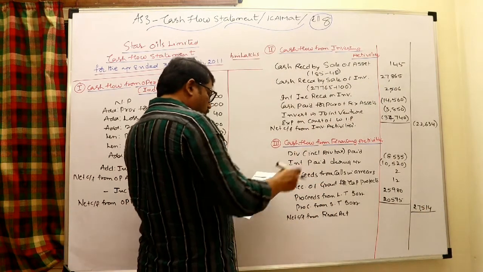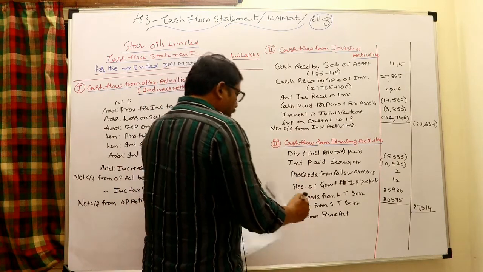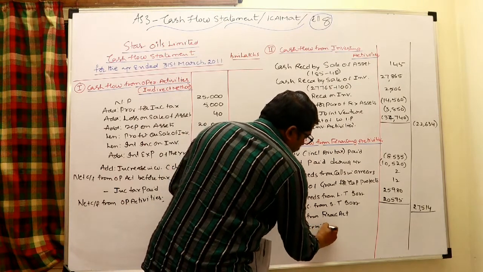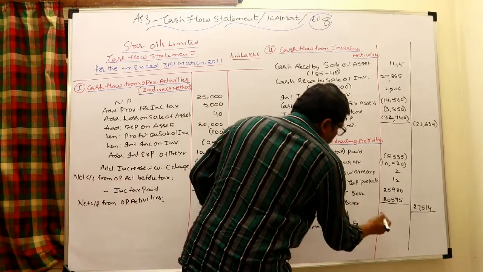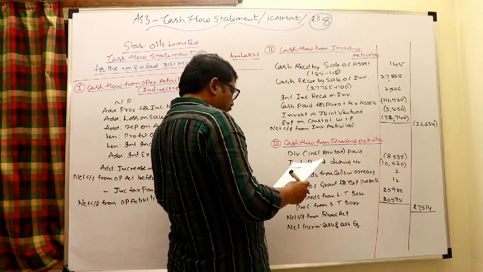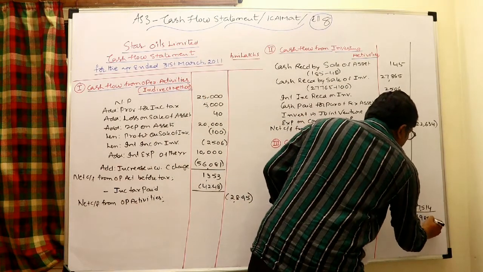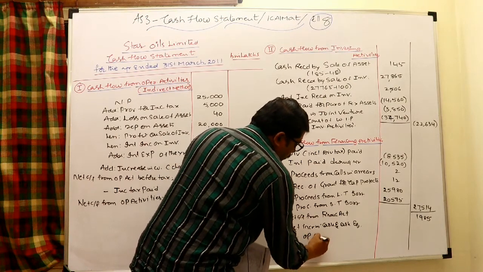So when you consider all these 3, net increase in cash equivalents, all these 3 net result can be said as 1,985. For this we need to add opening cash equivalents.